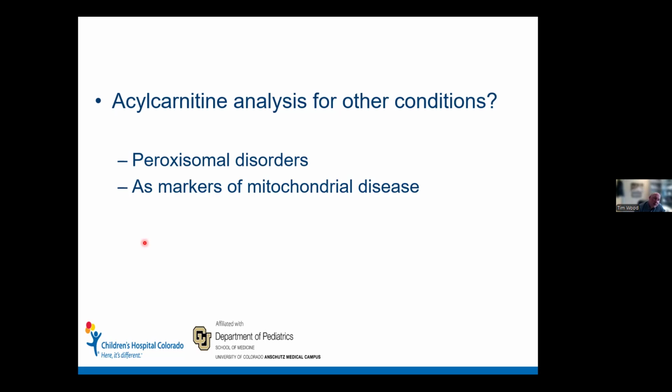One of our postdocs, Dr. DeAnnabelle, who's now at Cincinnati Children's, did some nice work on some markers of ECHS1 that might be able to be detected on an acylcarnitine profile. So I think we need to keep looking at these profiles very specifically and see what else we can find. But thank you guys for your input.